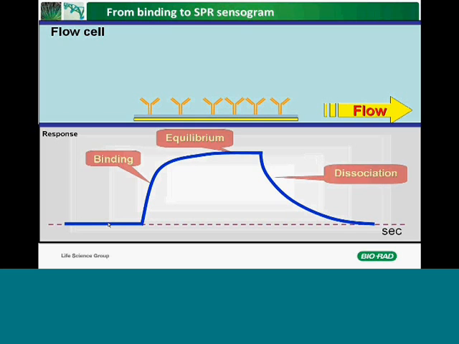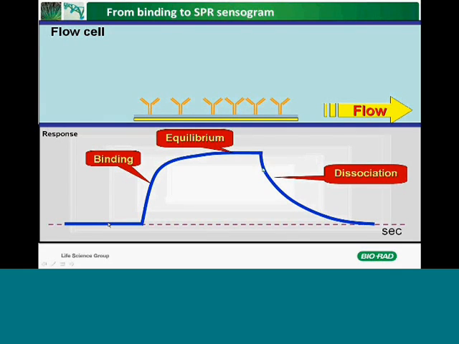First, the binding itself, and then if the association constant and dissociation values are big enough, the reaction will reach steady state. It happens when the rate of association equals the rate of dissociation, so there's actually no change of mass over the surface, and then you reach equilibrium.